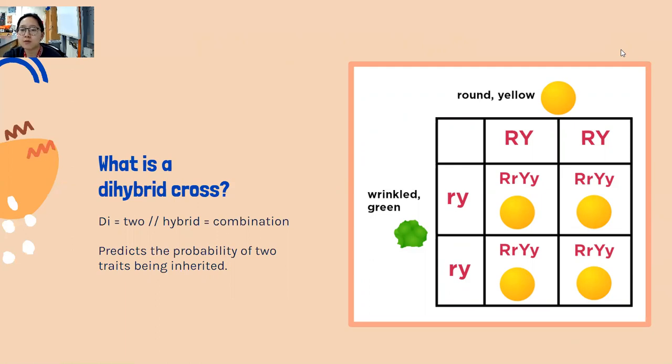So for example, we can have a round and yellow pea and a green and wrinkled pea, and we can do a dihybrid cross. And it's a simple one just because, well, they're both dominant or both recessive, depending on the trait. However, if you notice, instead of having 1 letter in each box, they now have 2 because in a dihybrid cross, you're talking about 2 different genes. So there's 2 different letters.